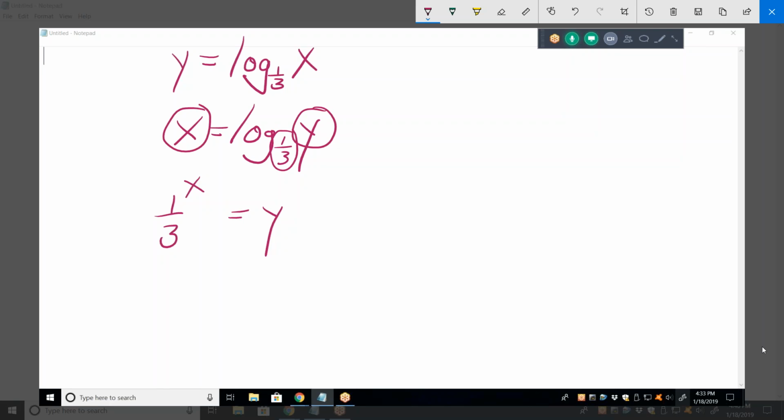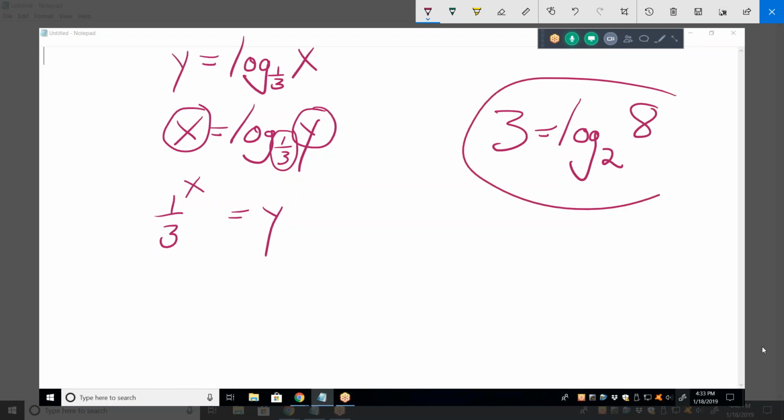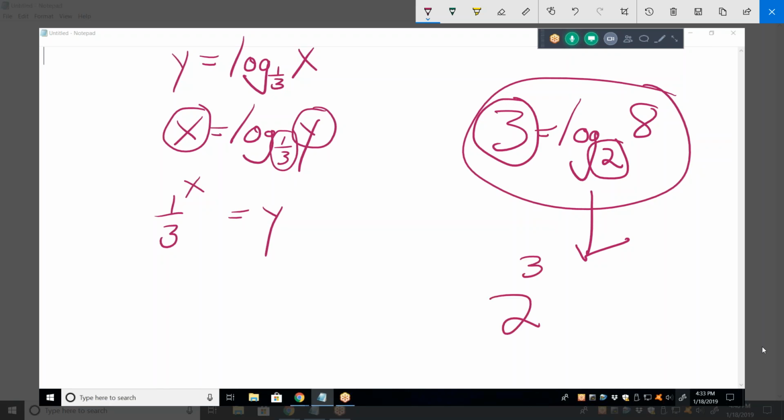Let me give you an example. 3 equals the log base 2 of 8. That is a true statement. There are no variables in that. The log base 2 of 8 is a number. However, if I want to express that logarithmically as an exponential, then I take the base and raise it to that, so I get 2 to the 3rd equals 8.